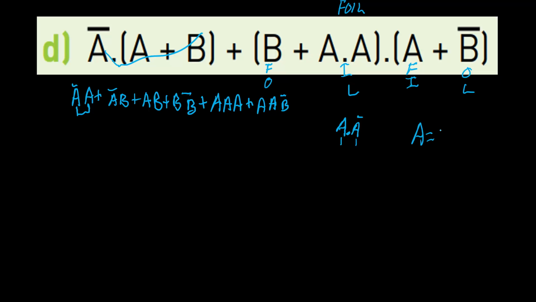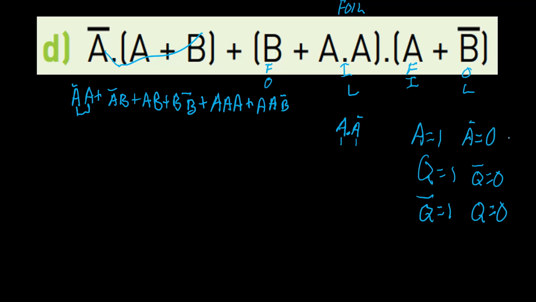Because if A is 1, then I know that not A must be 0. It's just like when we did those flip-flops with Q. If Q is 1, then we know not Q is 0. If not A is 1, then we know the other one must be 0. So A cannot be on and off at the same time.